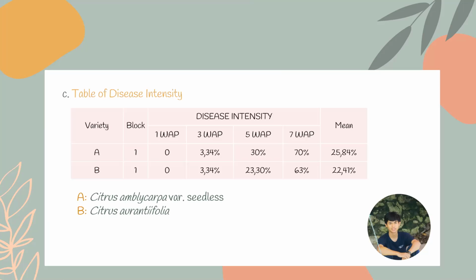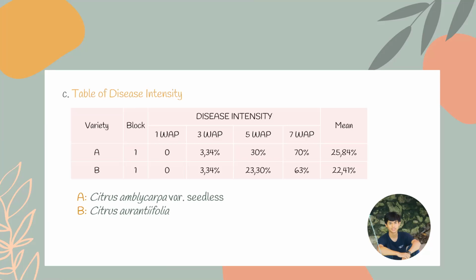In the 3rd week, both varieties began to show symptoms at 3.34%. Then in the 5th week, variety A showed symptoms at 13%, and variety B at 23.30%.